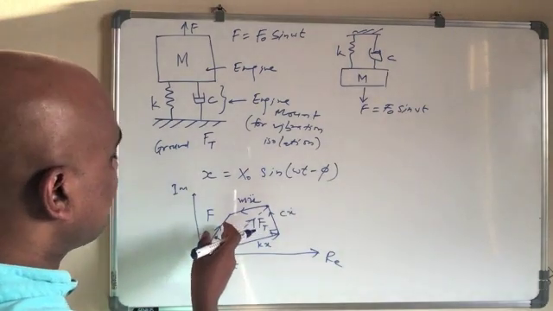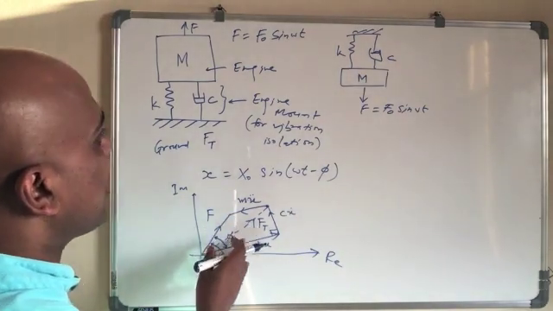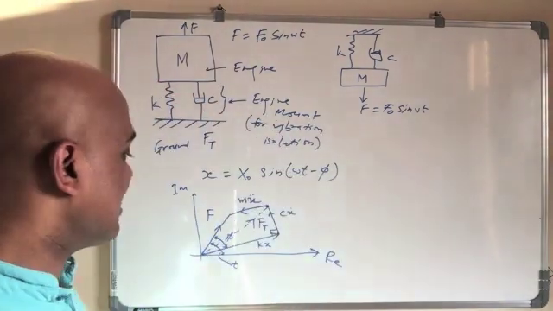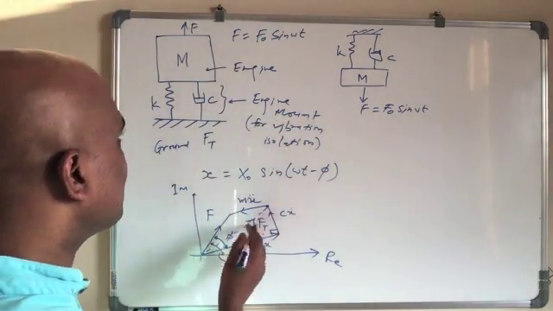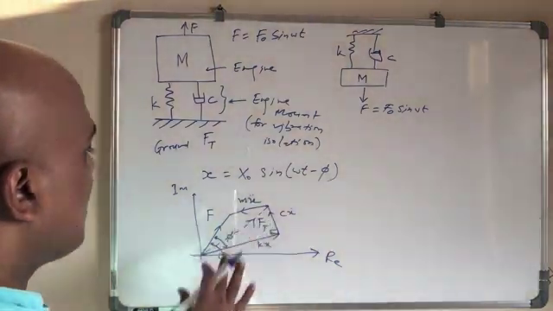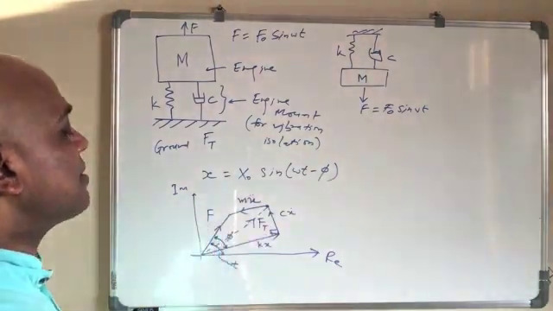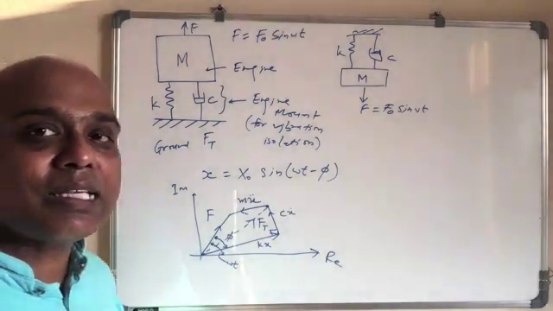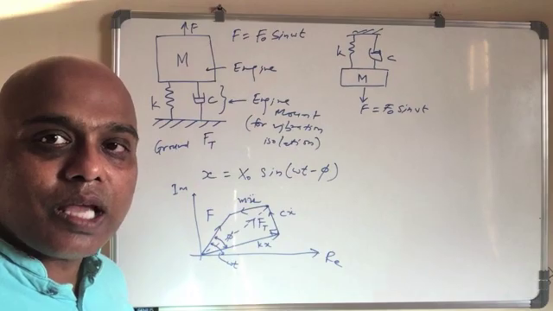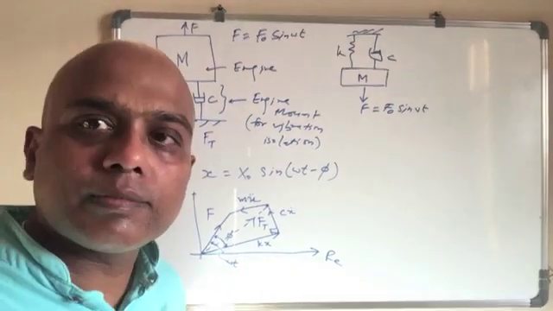In fact this is worse than just bolting it to the structure. In this case, the magnitude is even more than this one. It is basically magnifying the amplitude. But we can do something about it, right? And that is what we will learn.